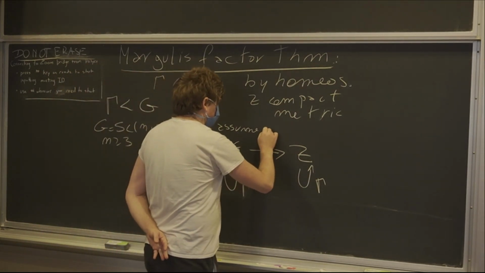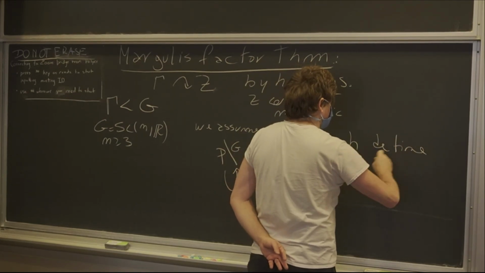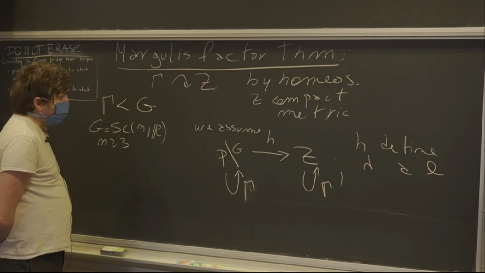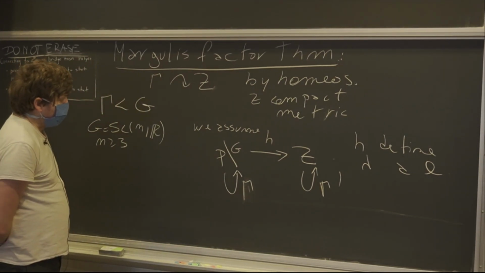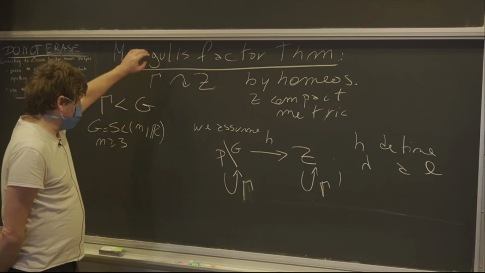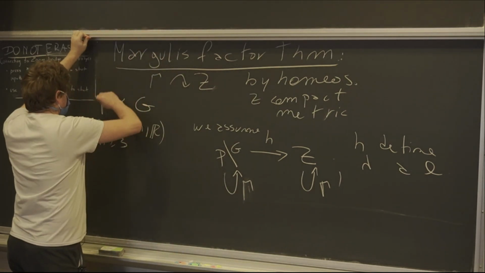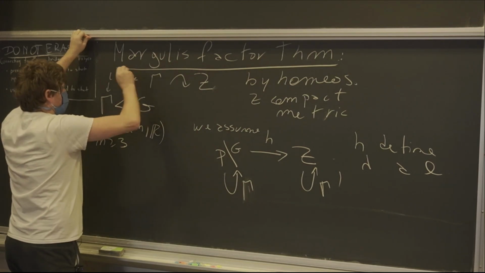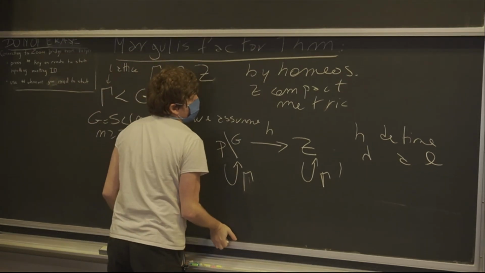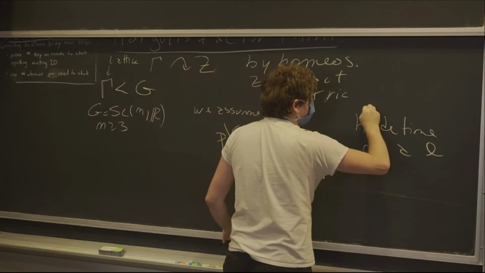This is H, defined lambda almost everywhere. Okay, I think I'm not missing anything. Or gamma lattice, of course. Okay, yes, I think that's all the hypotheses. Yes, H measurable.